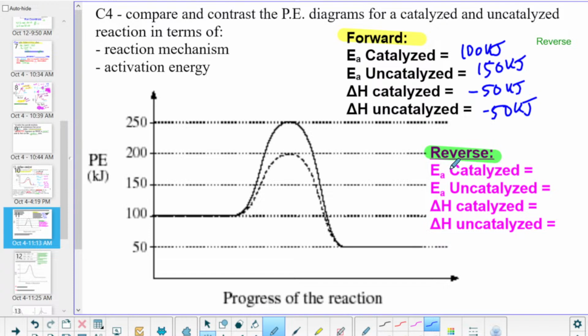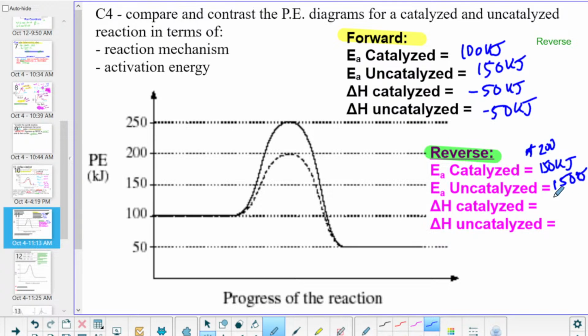Nicholas, reverse energy of activation catalyzed, 150 kilojoules. Sabine, energy of activation for the reverse reaction uncatalyzed. Well, I got 150, but I got 200 for the first one. So I'm gonna star that 200, 150, and we'll come back to it because I'm not checking it.